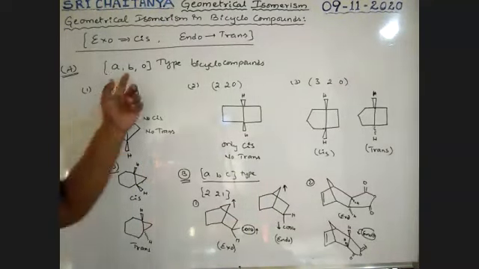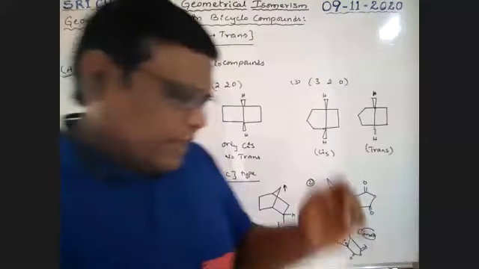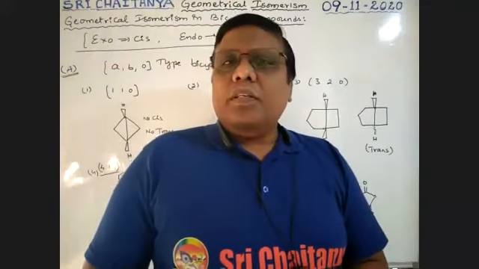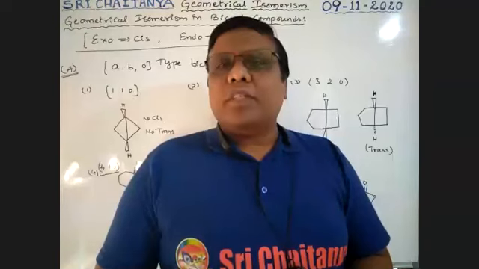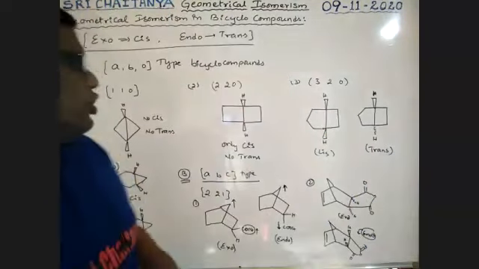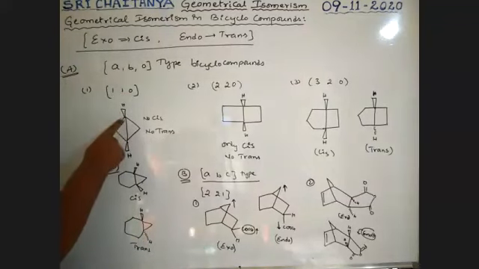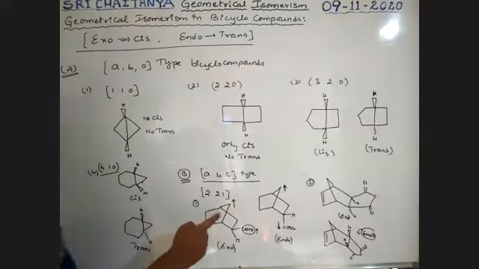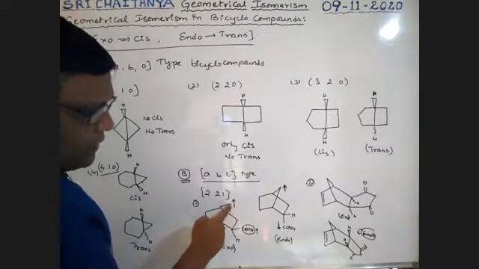See here, ABC type. Boys, here cis-trans isomerism. What is 0? 0 means between the two bridgehead carbons there is no other carbon. Here between two bridgeheads one carbon is there.